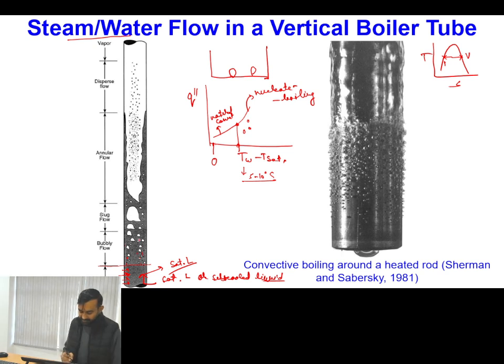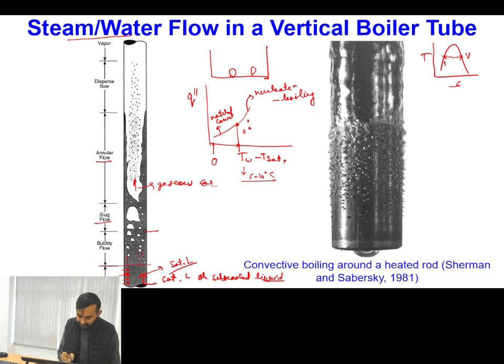When these bubbles come into the picture, the flow becomes bubbly flow. Once the number of bubbles keeps increasing, they form larger chunks, which is called slug flow. If I go further, multiple slugs join together and form a gaseous core, and outside the gaseous core I have a thin film of liquid, which is called annular flow.